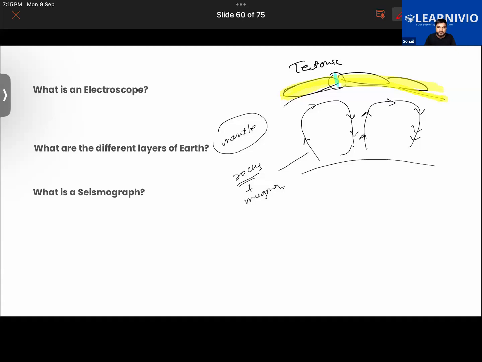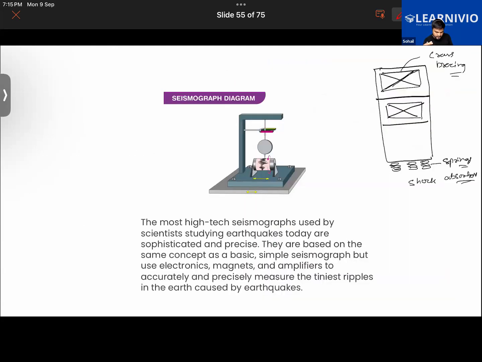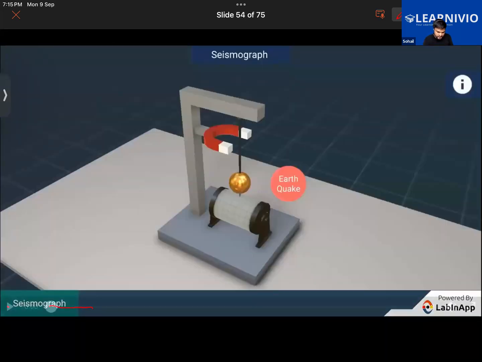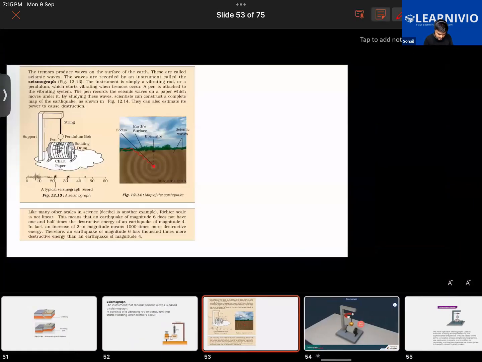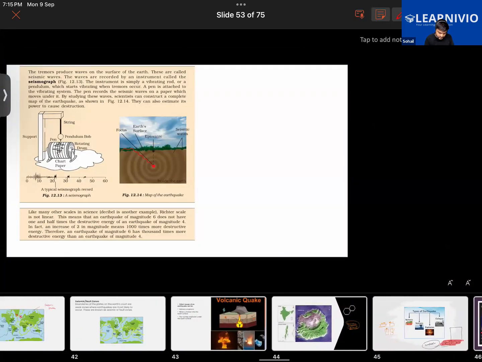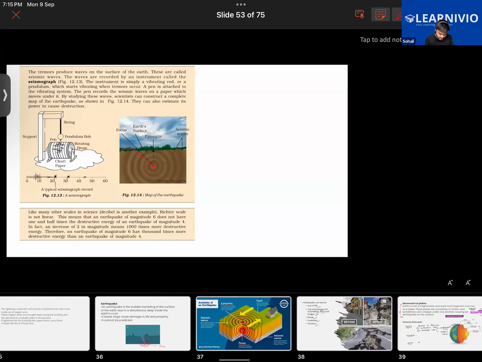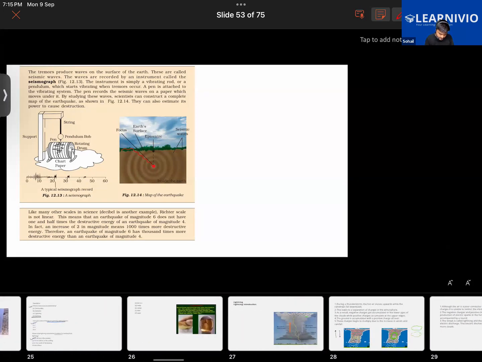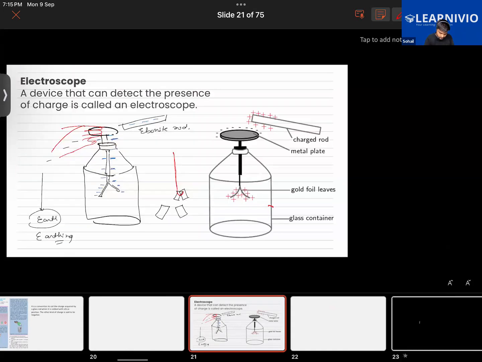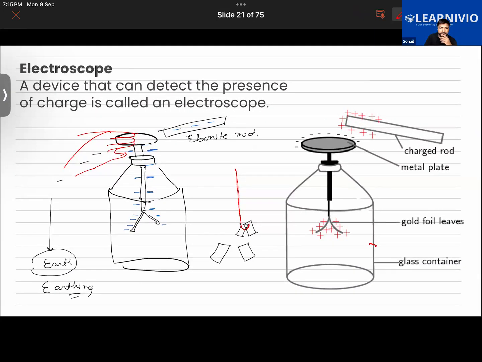So electroscope has two gold leaves like that. When a positively charged object comes in contact with the electroscope, the leaves diverge, and when it is touched by hand, or by another charge, like a negative charge, the leaves come back to their original place.